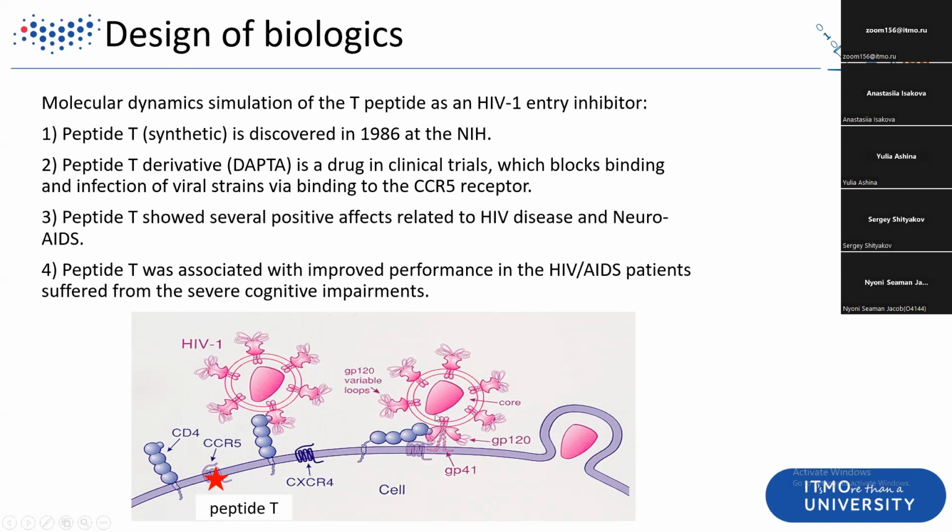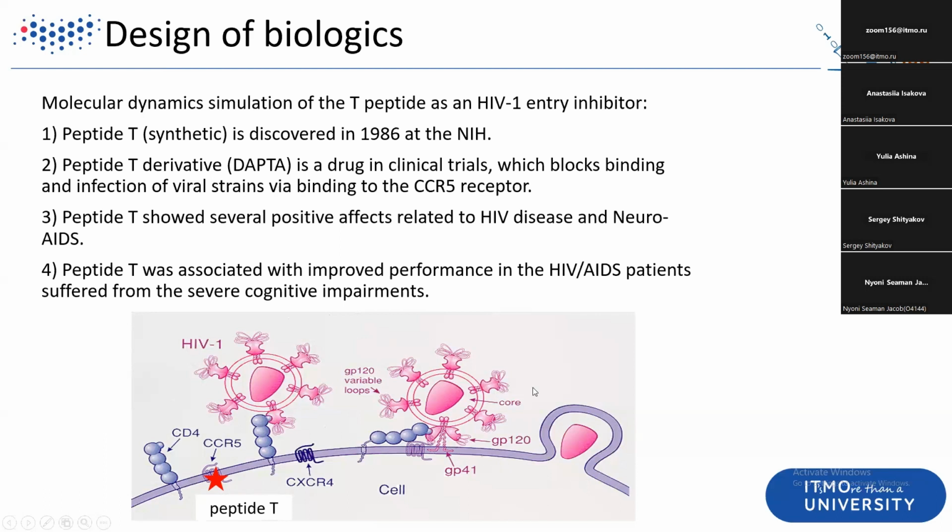And when you get such as on this picture, if you are going to block the CCR5 receptor, then you will interfere with the process of the HIV anchoring to the plasma membrane, so the virus wouldn't have a chance to go into the cell.